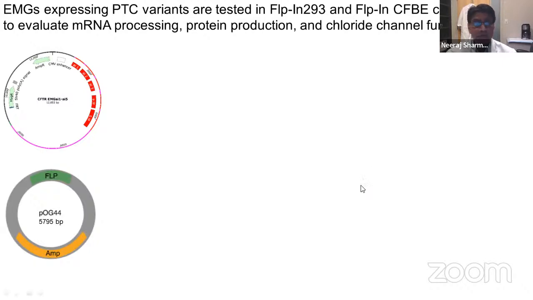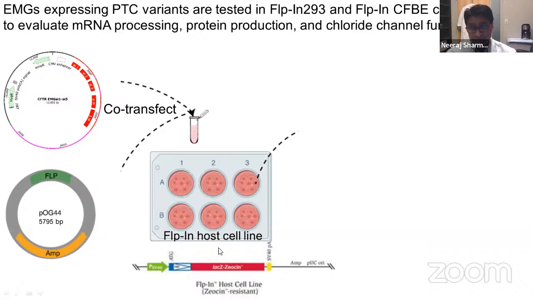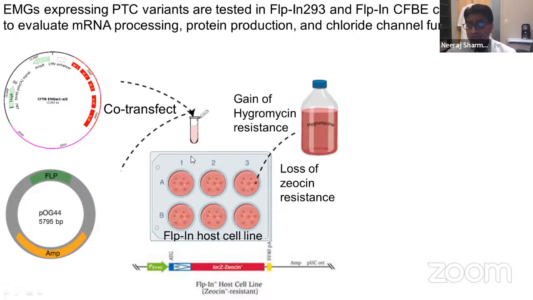recombination-based method where a CFTR expression mini-gene is co-transfected with the recombinase into a cell line, which is called a flip-in host cell line. And there is zeocin resistance in the flip-in host cell line, but when it gets co-transfected and recombination happens, what it results in is the loss of zeocin resistance and gain of hygromycin resistance.